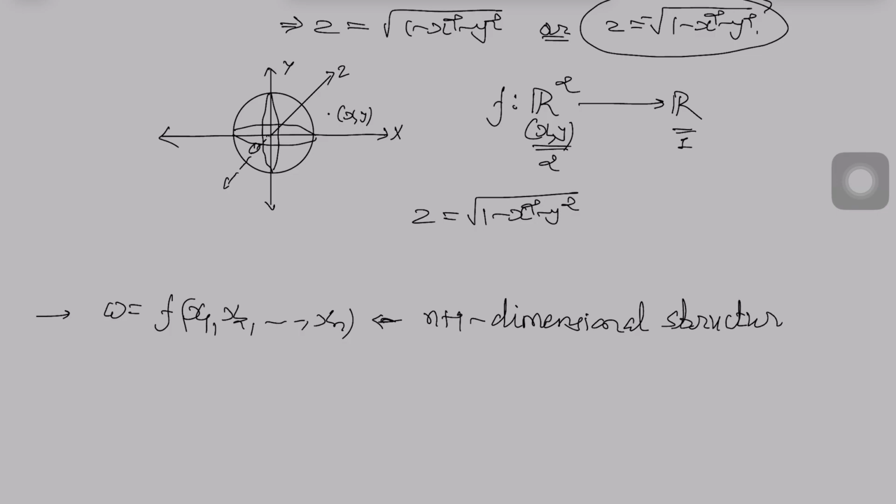But as you know, we are living in 3 dimensions. So in 3 dimensions, we cannot draw any structure which is 4 dimensional, 5 dimensional, or more than that. Clear?